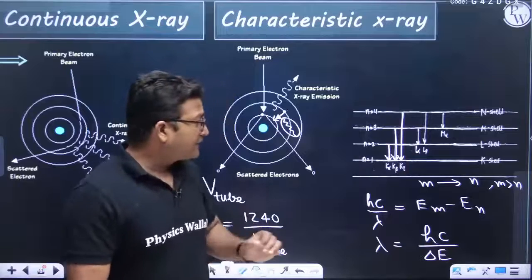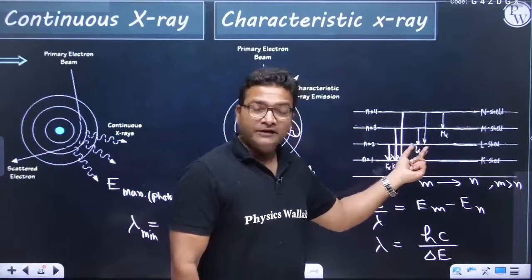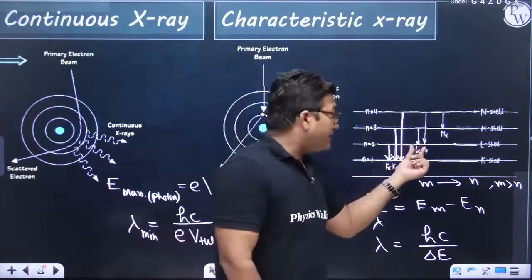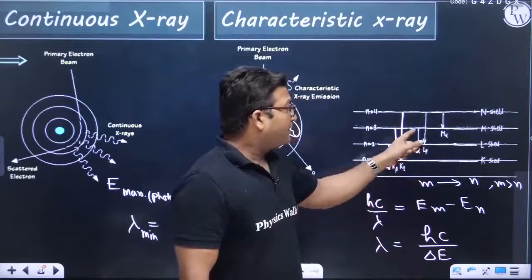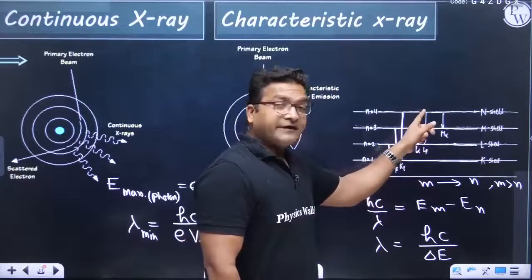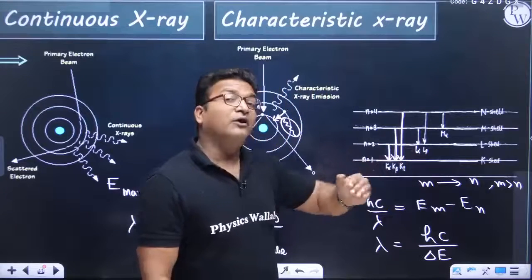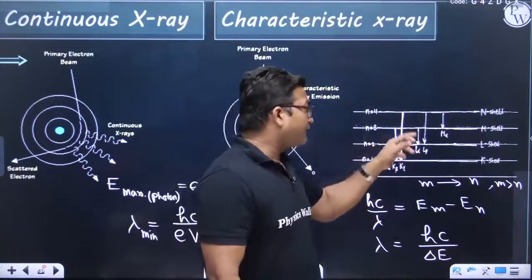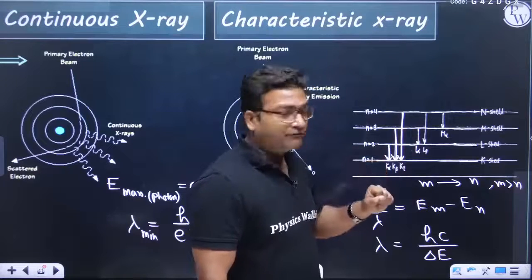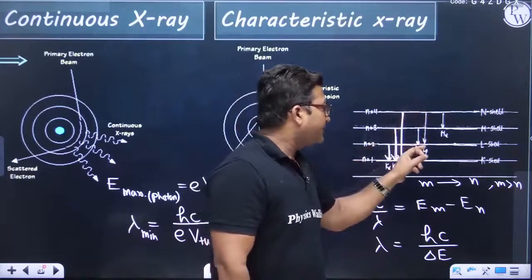If a vacancy is created in the L shell, okay, the first member is called L alpha, the second member is called L beta. The first member will be from the transition of an electron from M shell to L shell, and the second will be from N shell to L shell.